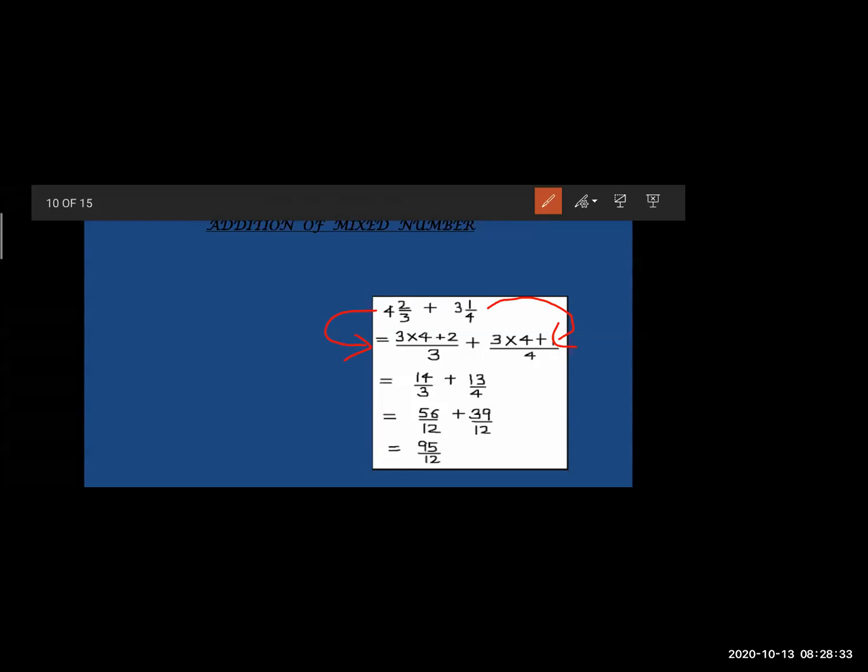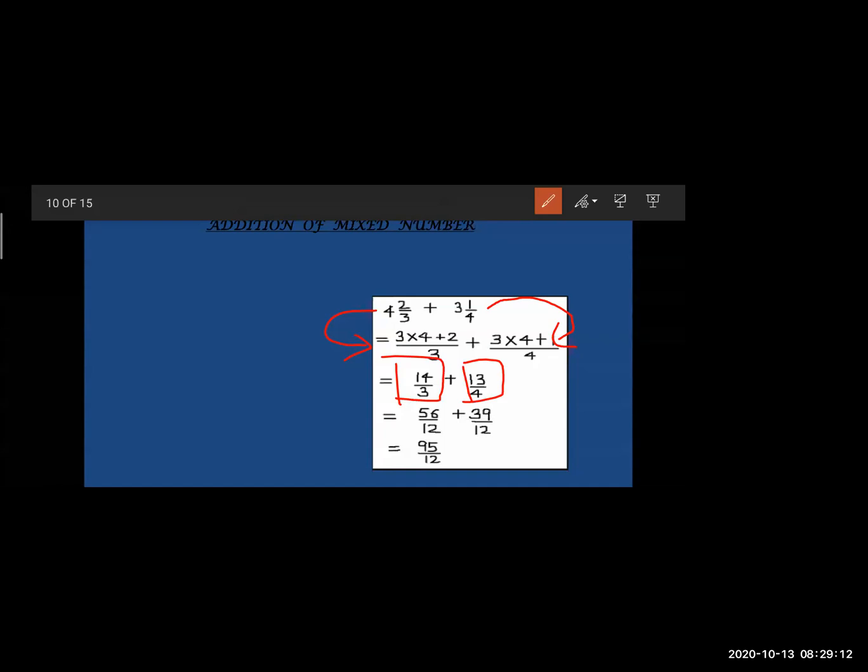So 4 2 upon 3 will go to 3 multiplied by 4 plus 2, and 3 1 upon 4 will give you 3 multiplied by 4 plus 1, and this is the answer that you are going to get, 14 upon 3, because 3 4s are 12, 12 plus 2, 14. Here you will get 3 4s are 12, 12 plus 1, 13 upon 4. Now see what difference you can see in this sum.